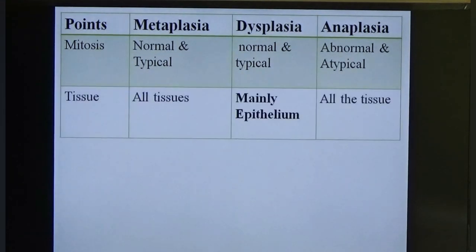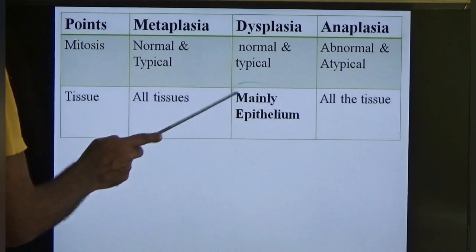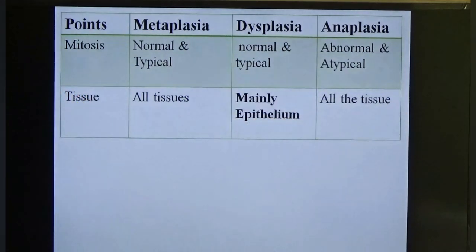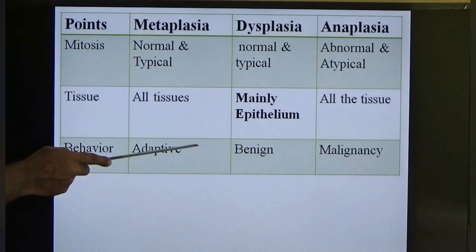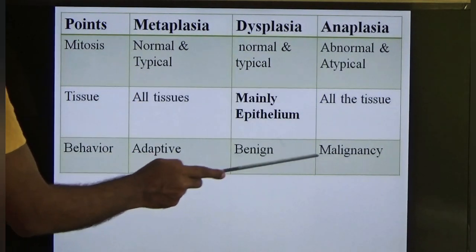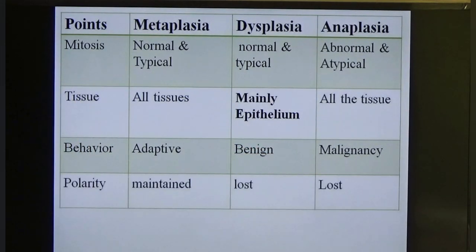Okay. Compared by tissue, metaplasia occurs in all tissues, dysplasia occurs mainly in the epithelium, and anaplasia also occurs in all types of tissue. And behavior, as we studied, metaplasia is an adaptive behavior, but dysplasia is a benign behavior, and anaplasia is a malignant behavior.